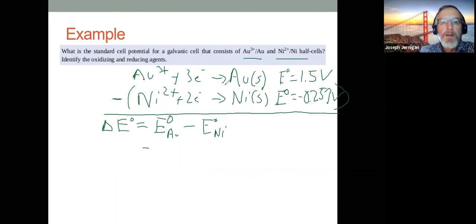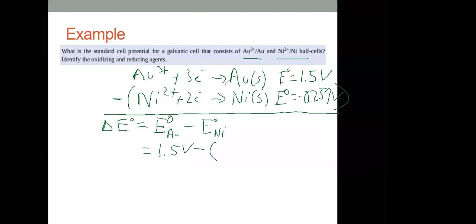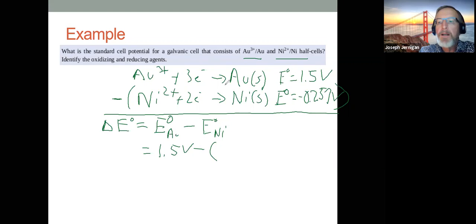That equals 1.5 volts minus, and this is one thing I will occasionally miss, we all do, it's a watch out: you've got to remember your signs, minus a negative 0.26 volts.